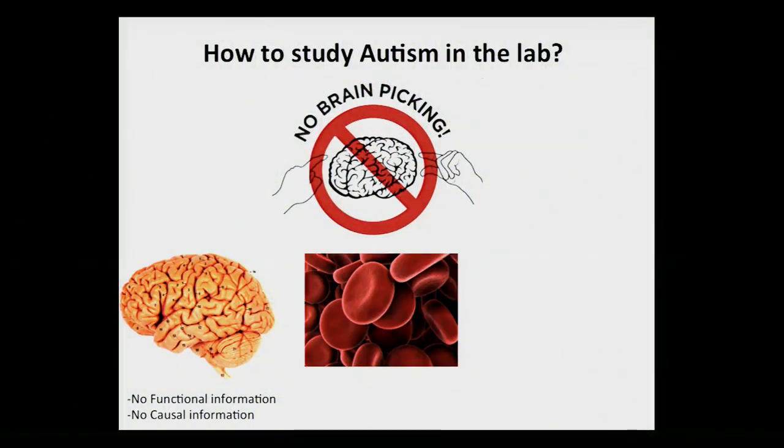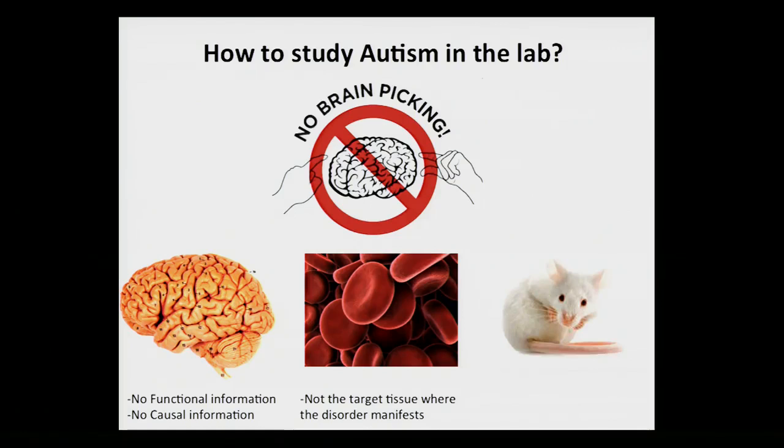The other way to study autism is to look at some peripheral tissue, for instance, blood. You can get some insights from the blood, but the blood is not really the target tissue where the disorder manifests. And lastly, research animals can give us some insights on the genetics of autism, but they can't really tell us a lot about typical human behavior, such as language acquisition or social interactions.